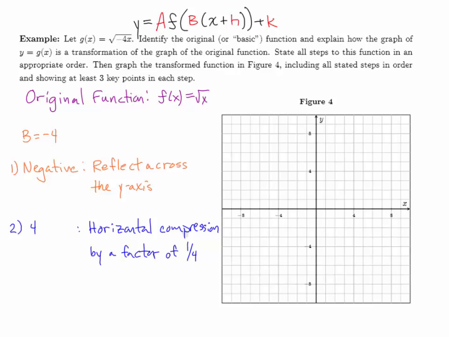And anytime we're dealing with a horizontal stretch or compression and we're identifying that value of b, remember that it's always 1 over b. That's the factor by which we stretch or compress.